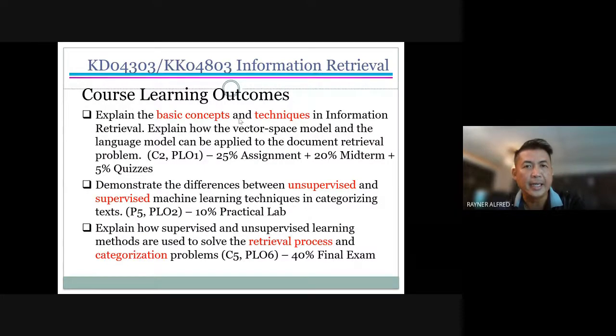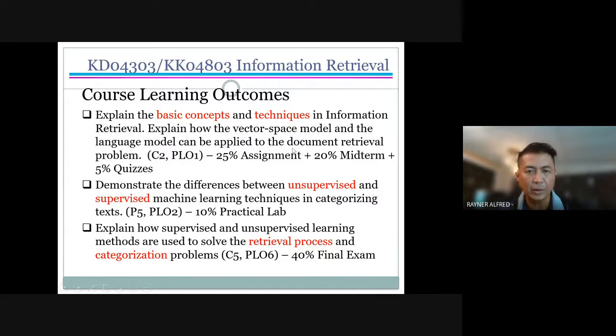And this is the learning outcome. By the end of the course, you should be able to explain the basic concept and technique used in IR. So if you look at the percentage here, 25% of your overall grading will come from your assignment. So you have to take this opportunity.